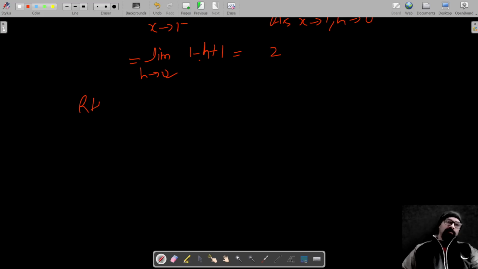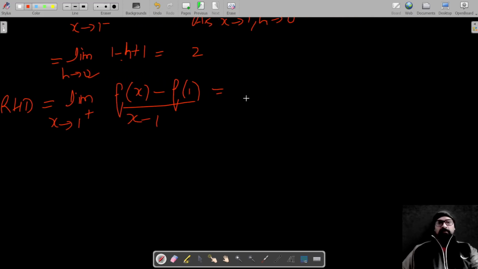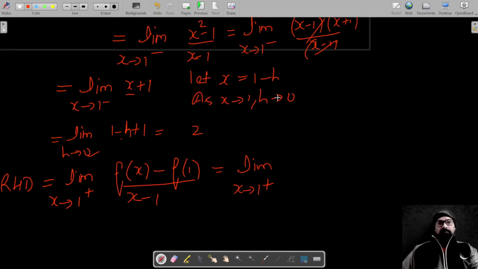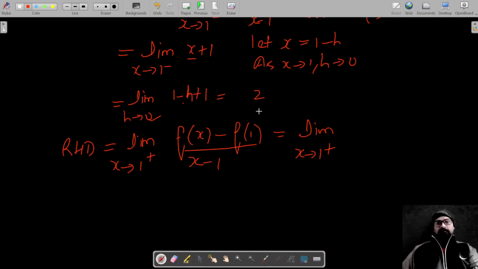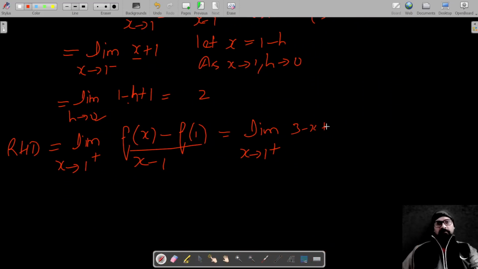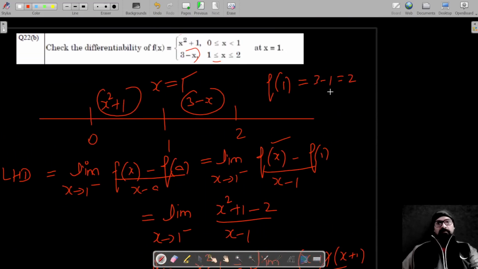Now let's find out the right hand derivative, which is equal to the limit as x tends to 1 plus of f of x minus f of a upon x minus 1. Now f of x for values greater than 1 is 3 minus x, and the value of the function at x equal to 1 is 2.